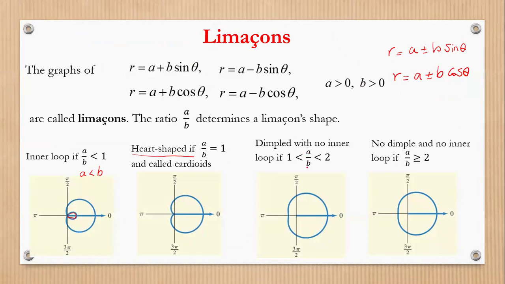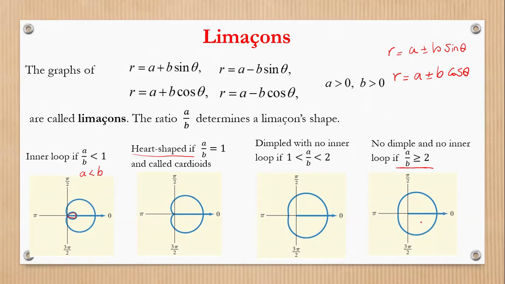If the ratio of a over b is a number between 1 and 2, it's called a dimpled Limacon. So it's not a heart shape, it's just a kind of dimple, and there is no inner loop. And if the ratio of a over b is a number greater than 2, or a is twice more than b, we get a Limacon with no dimple and no inner loop.